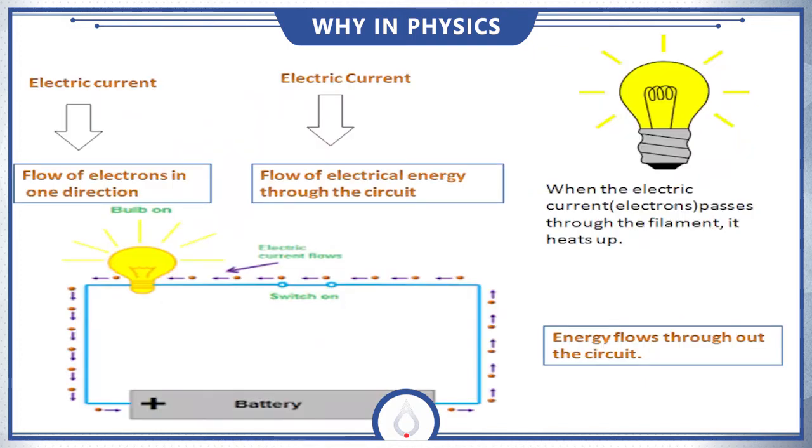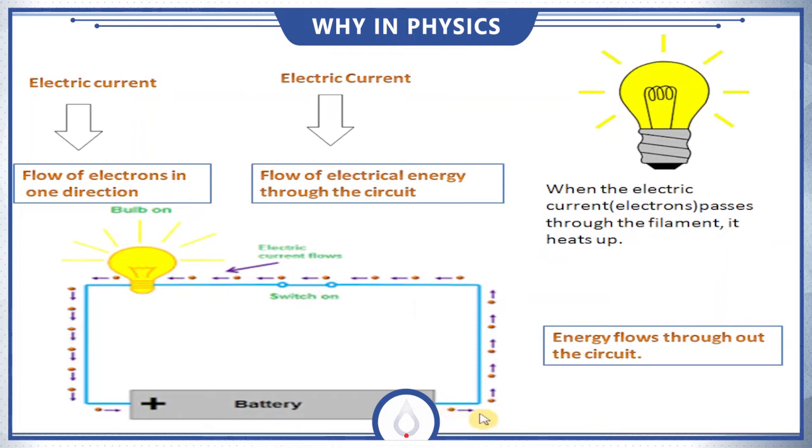Let's see. We know that electric current is the flow of electrons in one direction, or the flow of electrical energy through the circuit. We can easily understand this by a circuit diagram. We know this is a battery, this is the positive terminal of the battery and this is the negative terminal of the battery.